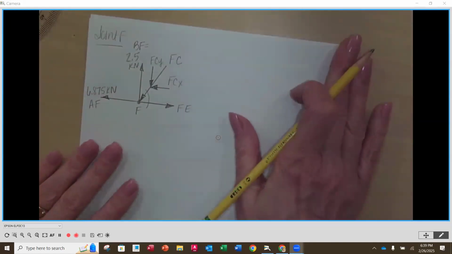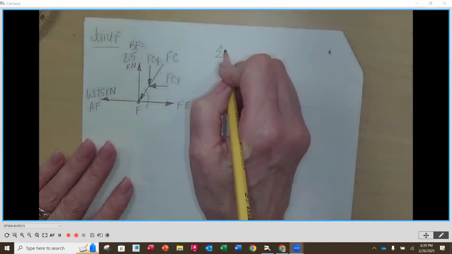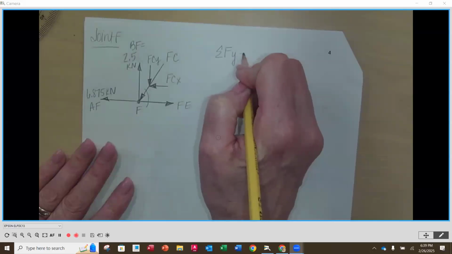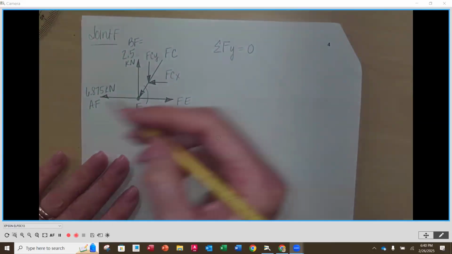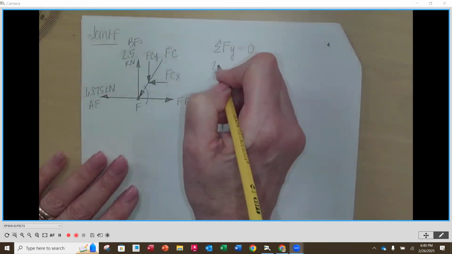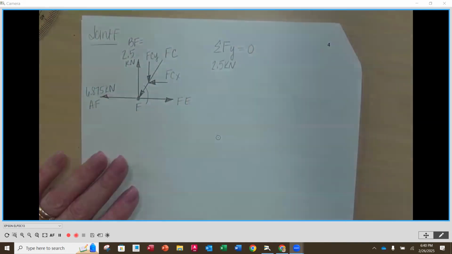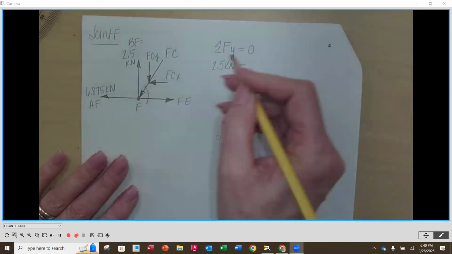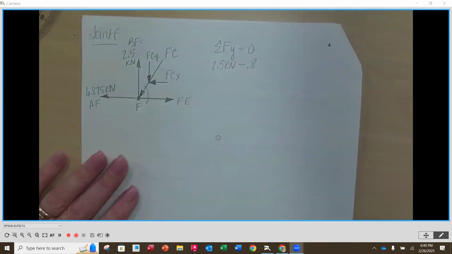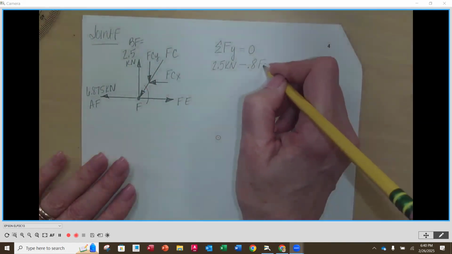So we can sum our forces in the Y direction first, because there's fewer Y's. We have a positive 2.5 kilonewtons, it's going up, minus FCY. That is going to be 0.8 times FC. You see that?